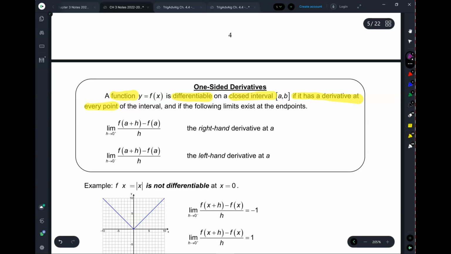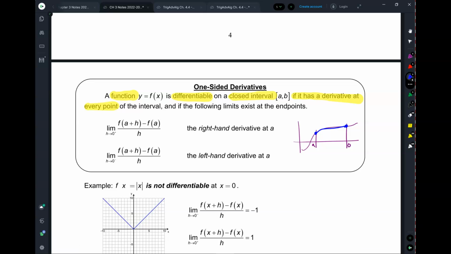So take a look at this. Suppose you've got a function like this, and this is point A, and this is point B, and we're only looking at the function from A to B. In order for this to be differentiable from A to B, you have to look at every single point here and make sure it's differentiable.